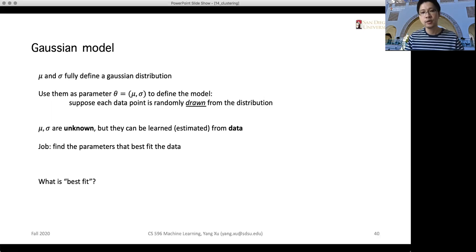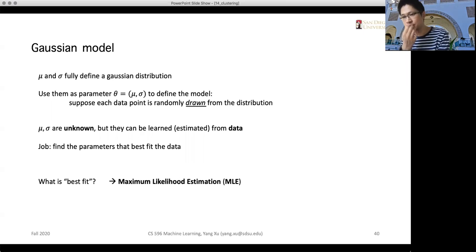Okay, so in terms of best fit, we need to answer what the best fit is. That means we need to define the cost function, right? We need to define the distance between a prediction and the ground truth label.